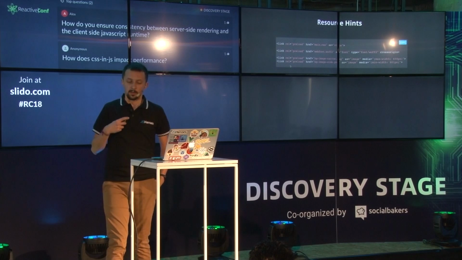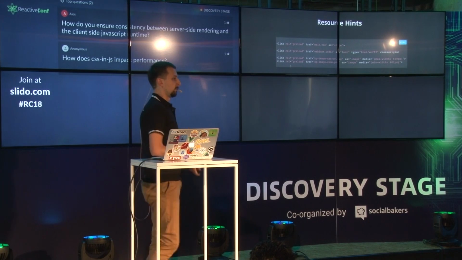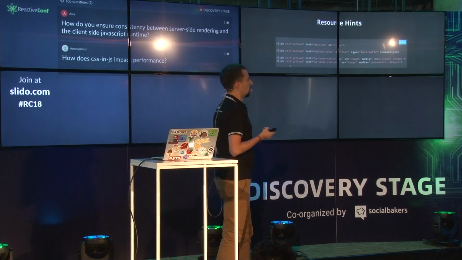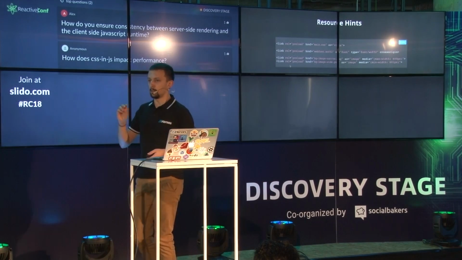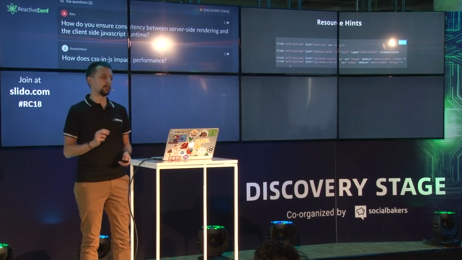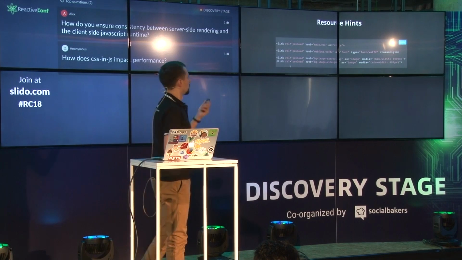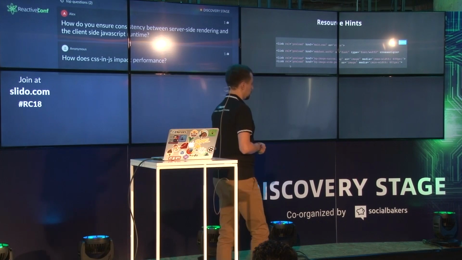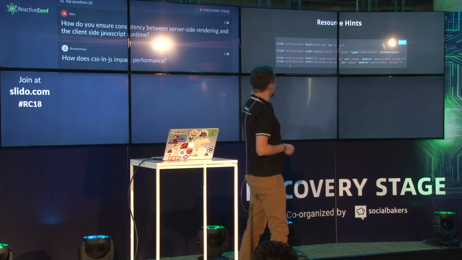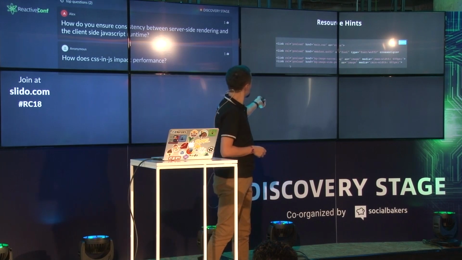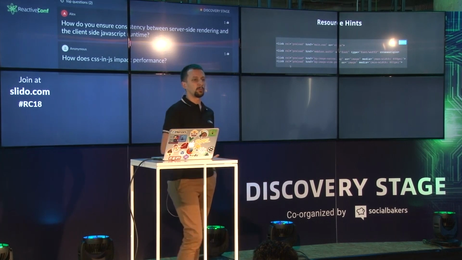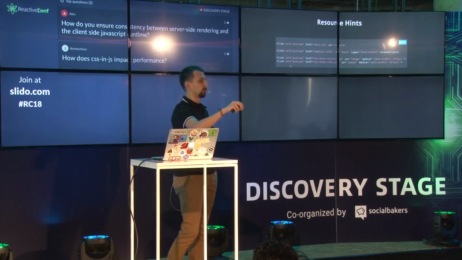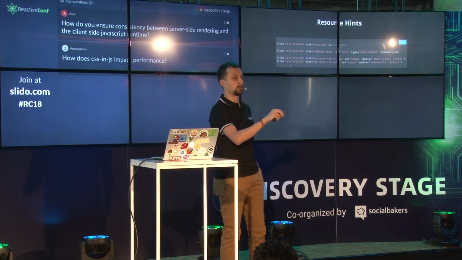OK, now we go to resource hints. Now that we managed to prioritize some of the things, let's try to fine tweak some other stuff here. For example, we can use this new spec called link rel preload to tell the browser that, hey, I'm going to use this resource, so make sure that you load it as soon as you can.